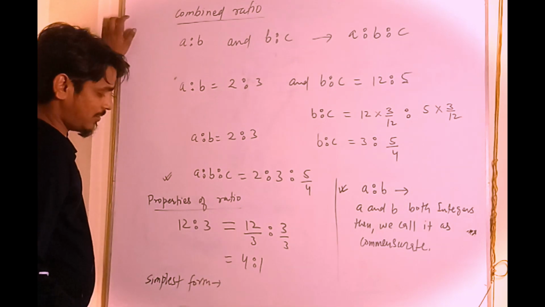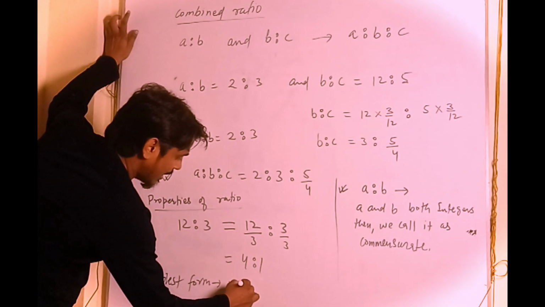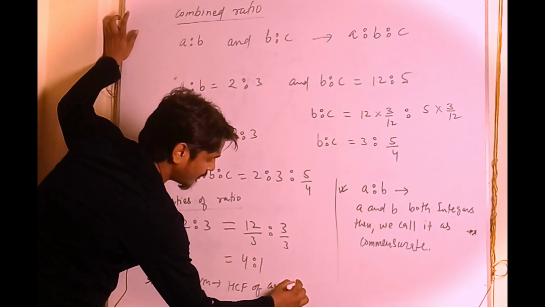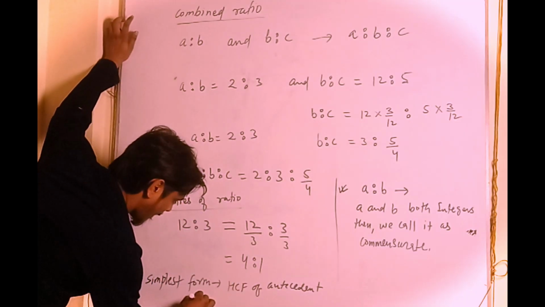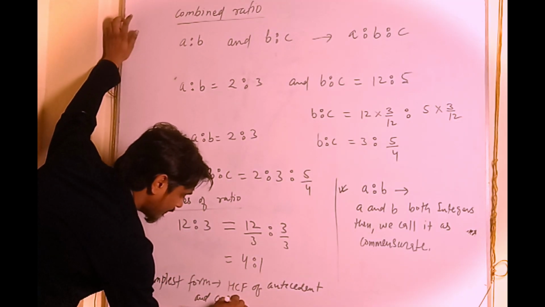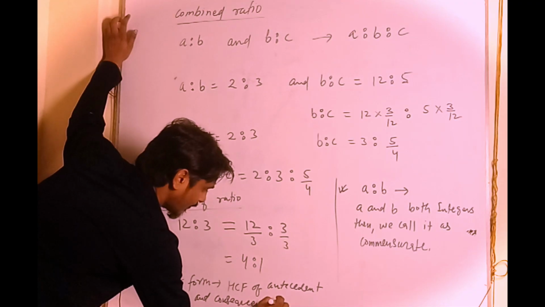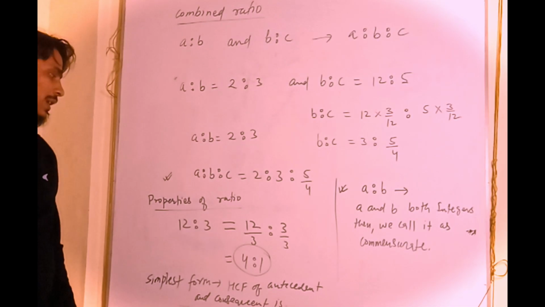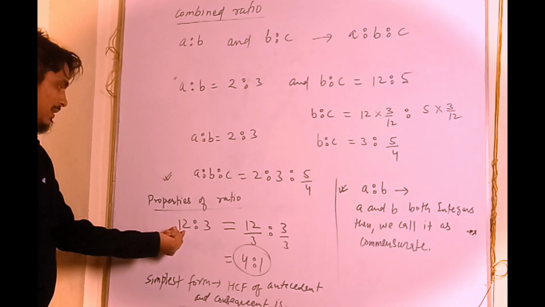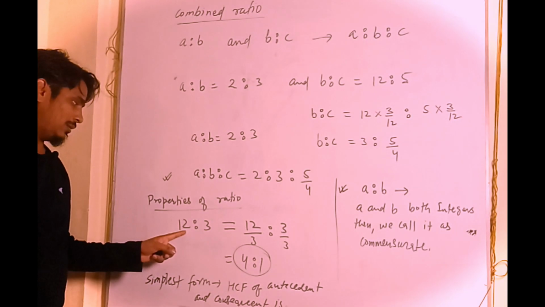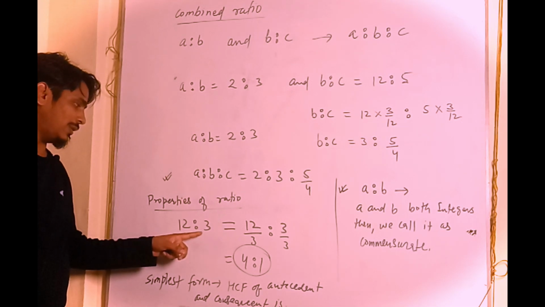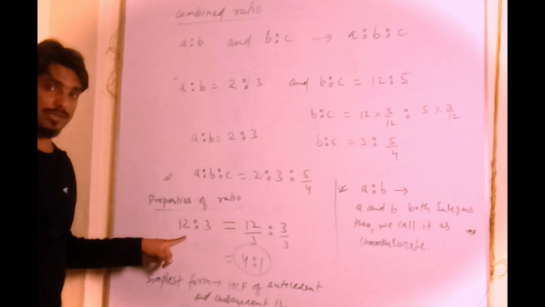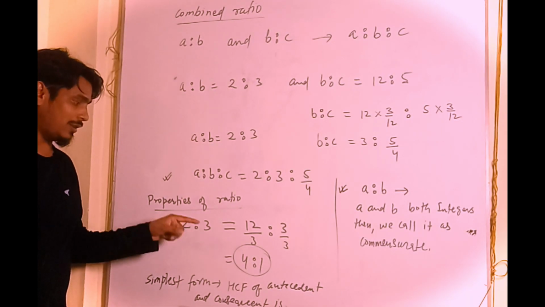There is no common factor, that is, the HCF of antecedent and consequent is 1. As here we can find the HCF of 4 and 1 is 1, it means this is in the simplest form. But in this case 12 ratio 3, the common factor for both 12 and 3 is 3, so the HCF is 3, not 1, right? So this is not in the simplest form.